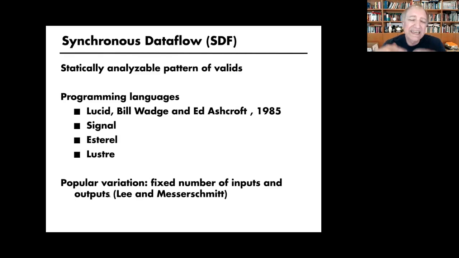So you wait for, say, k inputs. Once you get the k inputs, you always produce, say, l outputs. If you always have that property, then you are statically analyzable, because you have what they call fixed firing rates. But the more general concept is, can you statically analyze the pattern of valids?